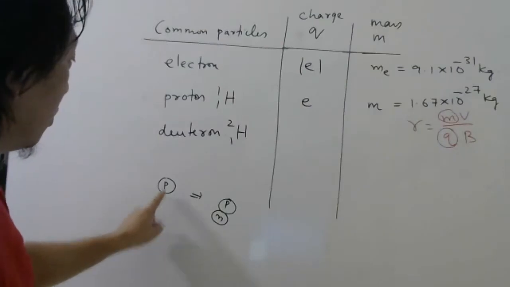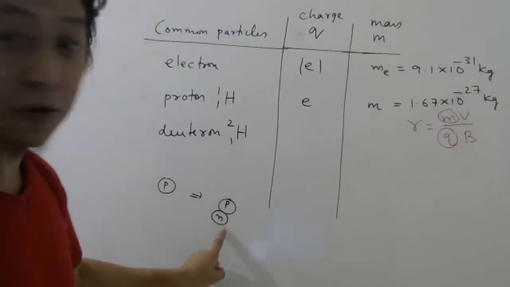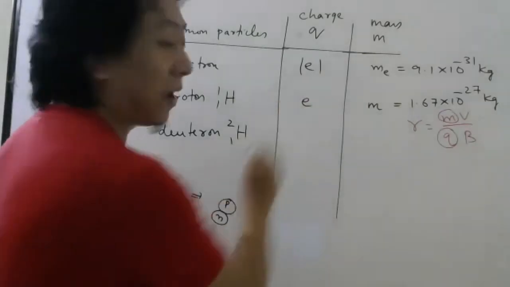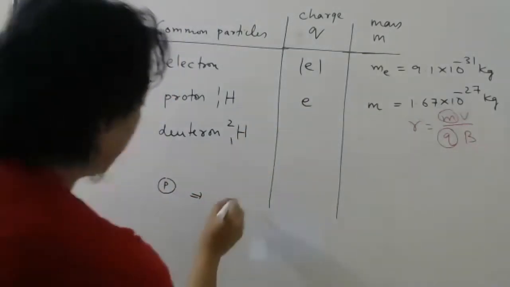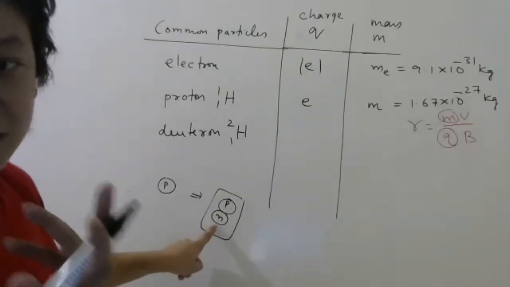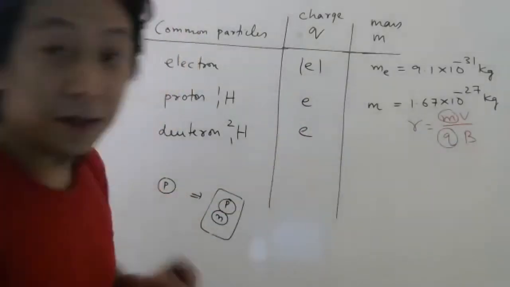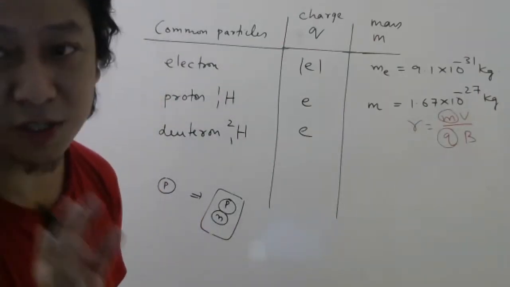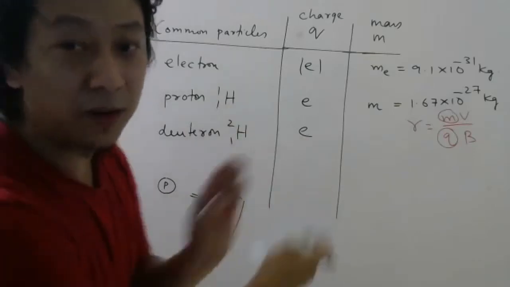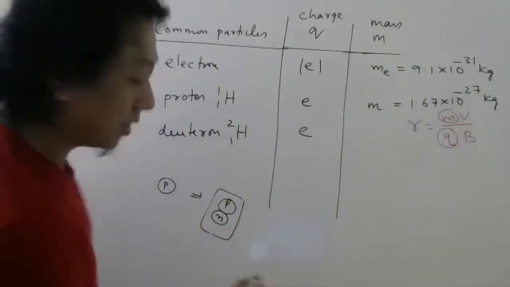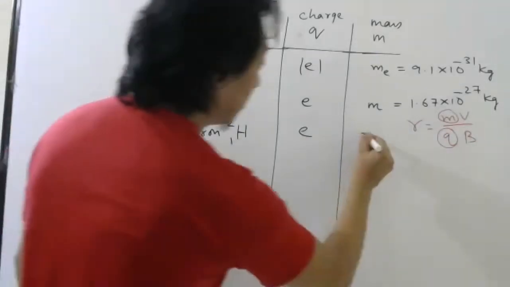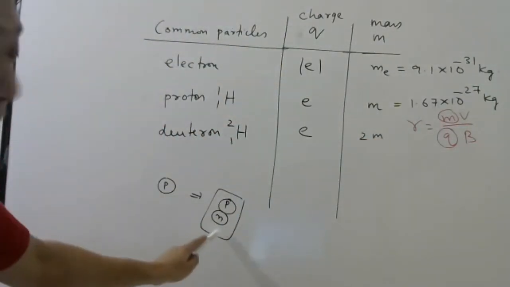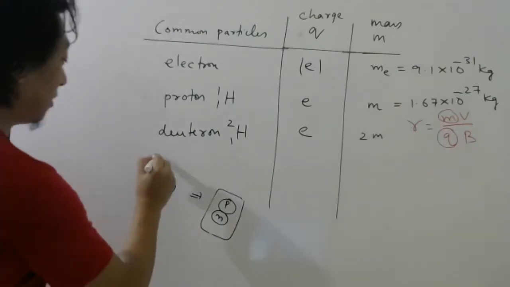So the charge of this will be plus e in magnitude. Now neutron has no charge, so the charge will be e only. But the masses of neutron and proton are almost the same, students. So for these problems we can take the mass to be 2m. So that is deuteron. Okay, this is deuteron. Then tritium.